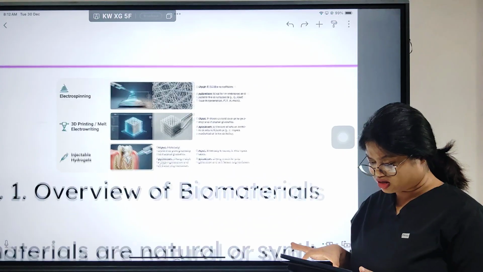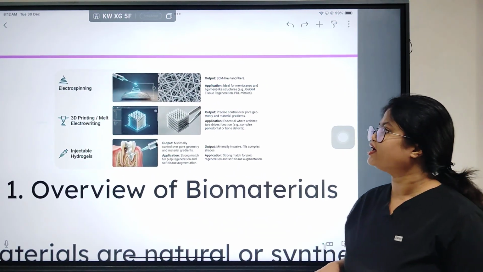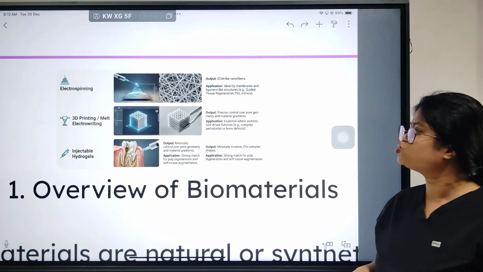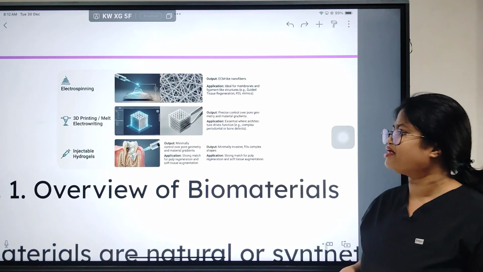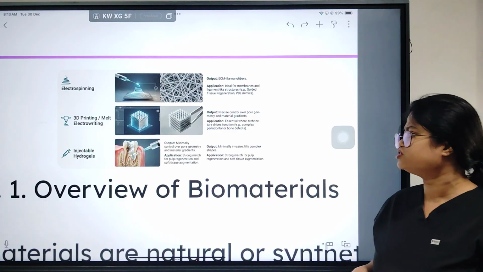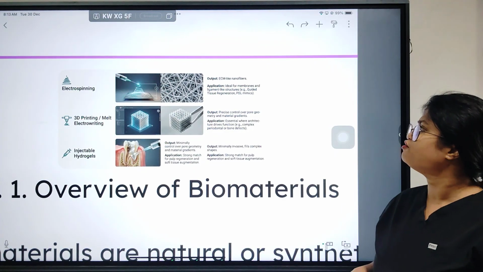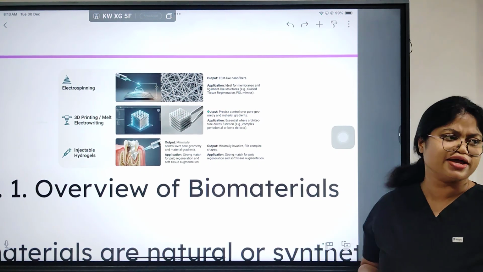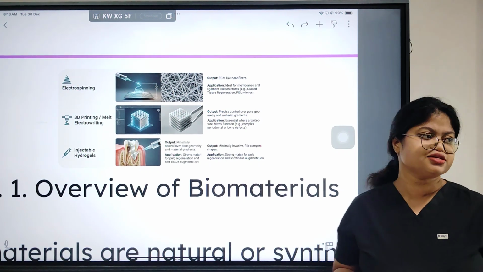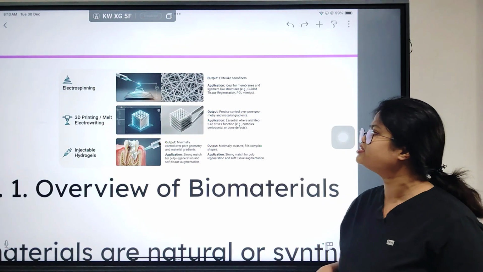This image shows the ways of fabricating scaffolds, either by electrospinning, 3D printing, or melt electrowriting techniques, and the injectable use of hydrogels for various purposes. Electrospinning can be done for ECM-like nanofibers. These are specifically ideal for membrane-like ligamental structures, that is, for the regeneration of PDL membranes and PDL-like mimics.